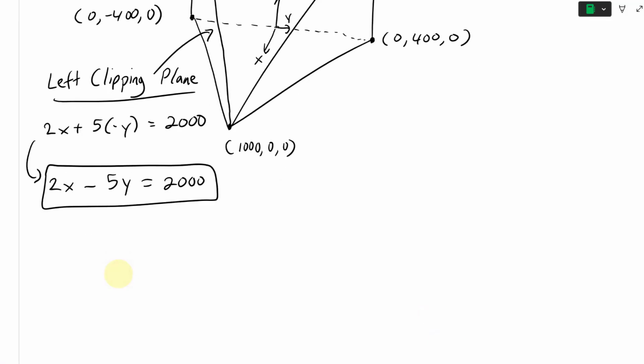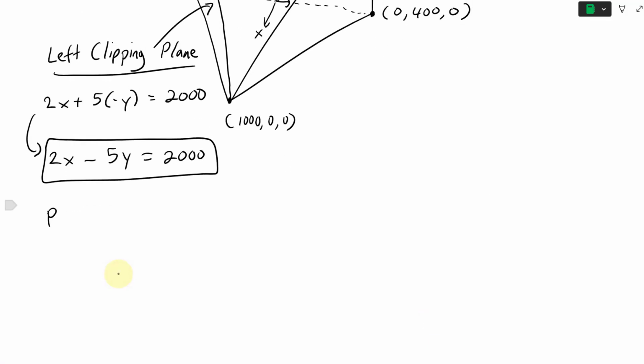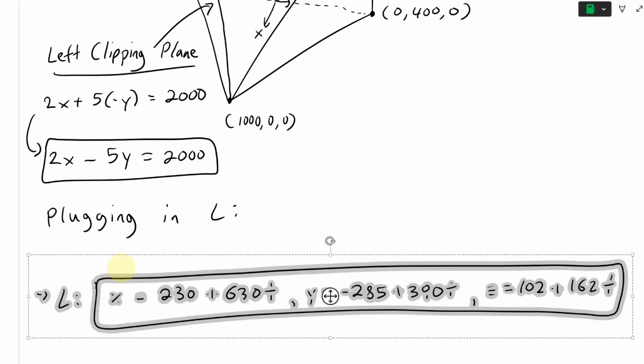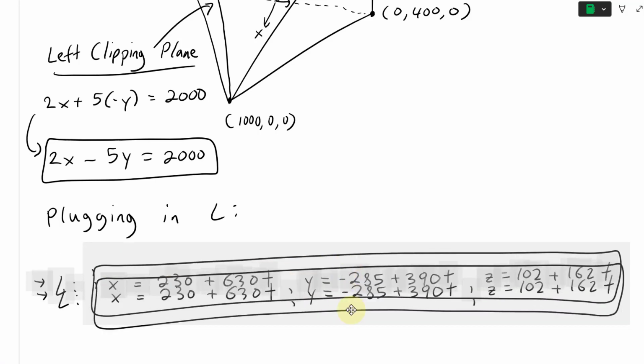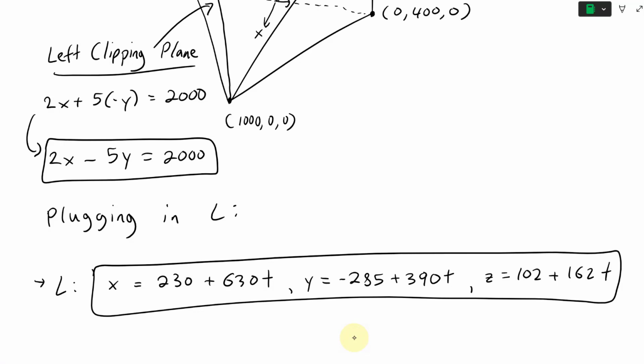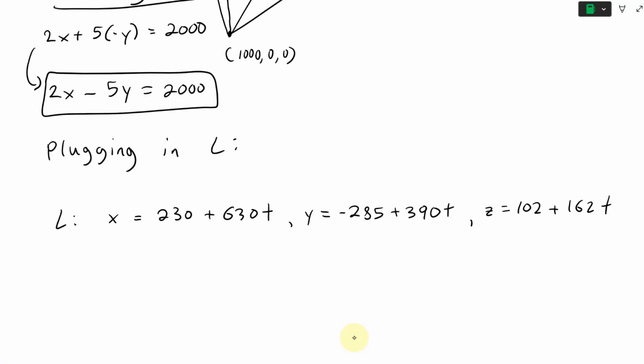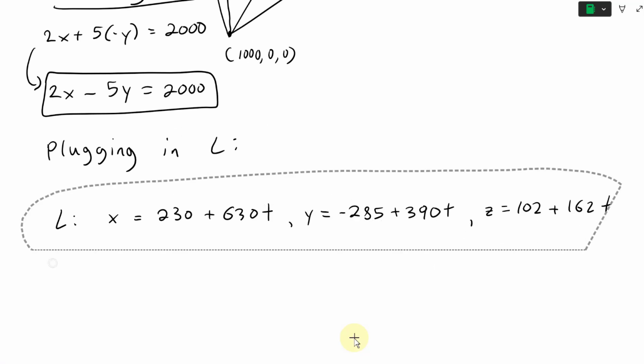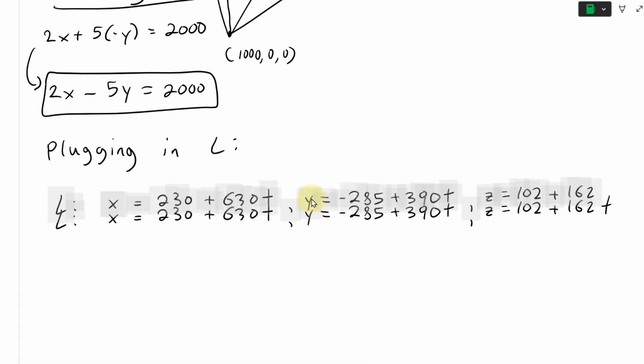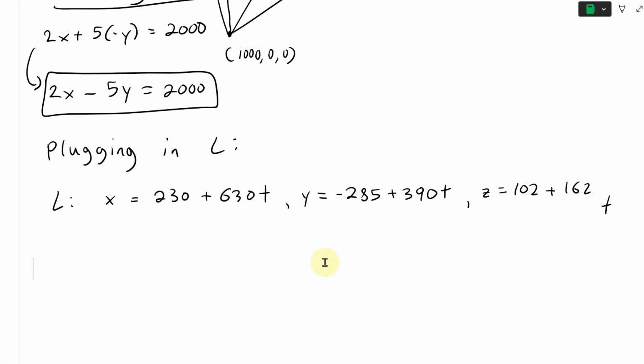All right, so now that we have that, the next step is we'll just plug in our L, the line. I have this still copied and pasted from the line earlier. Let's remove this box. There's a line, L, like that. Shift this up higher. Now let's plug that in.